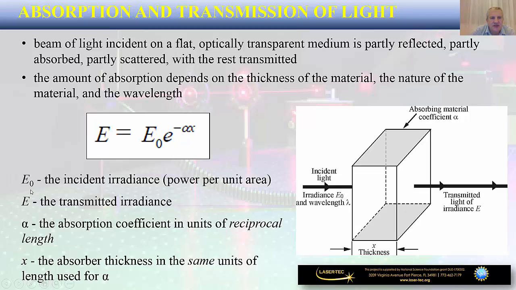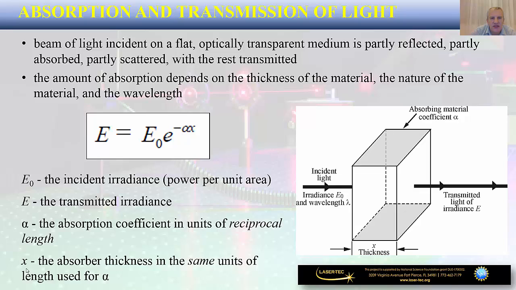So once more, capital E sub 0 represents the incident irradiance, incident power per unit area. Capital E is going to capture the transmitted irradiance, or the output irradiance. Alpha is an absorption coefficient in units of reciprocal length that captures the properties of the material that the optical window is made out of, and finally x represents the thickness of the optical window.